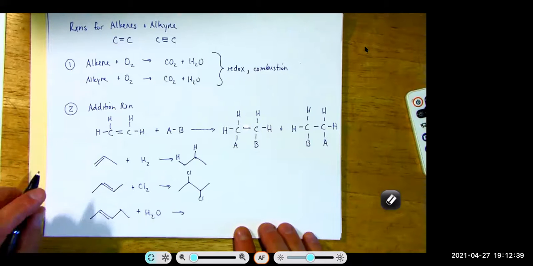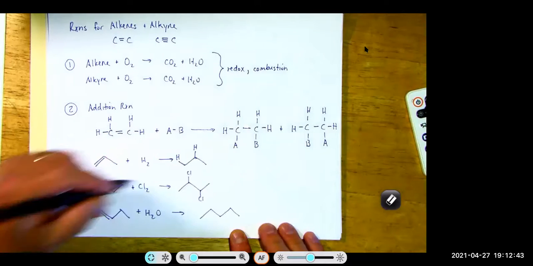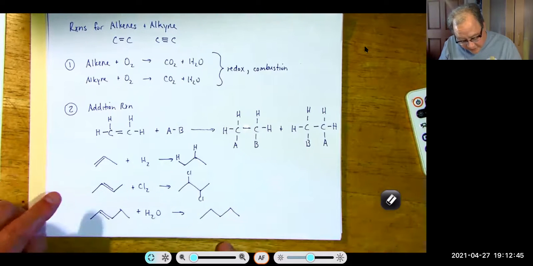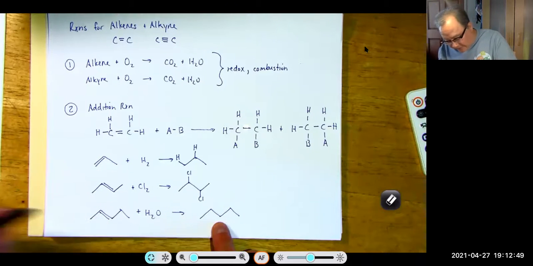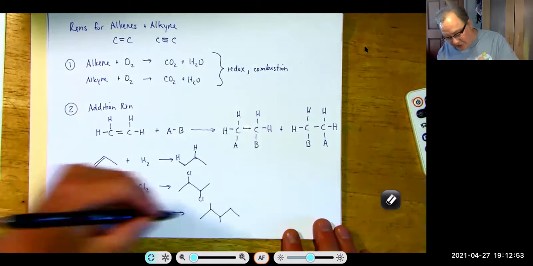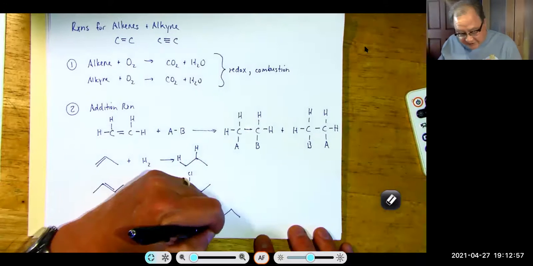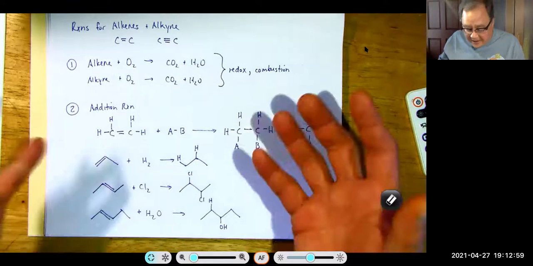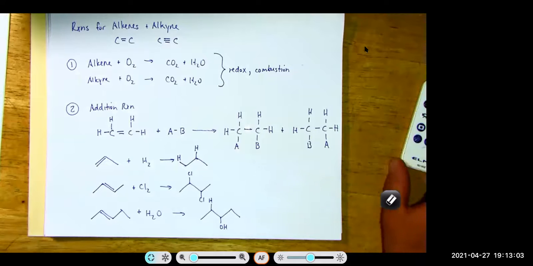The same amount. 5. Now, I look at the ends where the double bonds used to be, and I need to add stuff there. What am I going to add? Well, to one of them, I add an H, and the other one, I add an OH, because in this case, I can't split up the oxygen and say, well, half of an oxygen goes to each. So this is what happens.